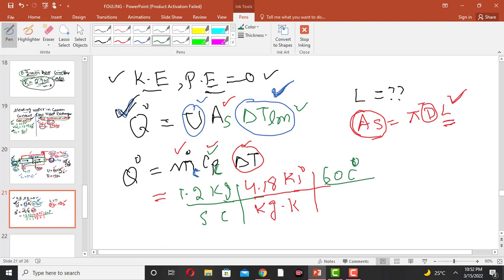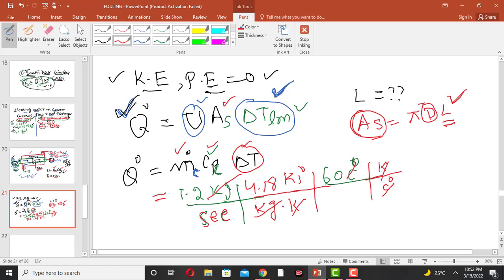Now this kilogram cancels with kilogram, and this is per second. So the kilojoule remains. Now for the temperature, 1 Kelvin is equal to 1 degree centigrade by conversion, so this also cancels, and this is the kilojoule.